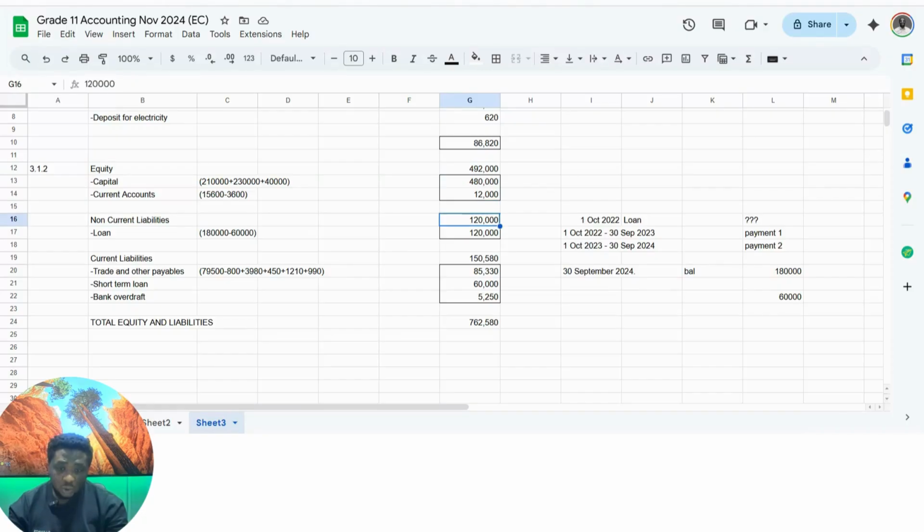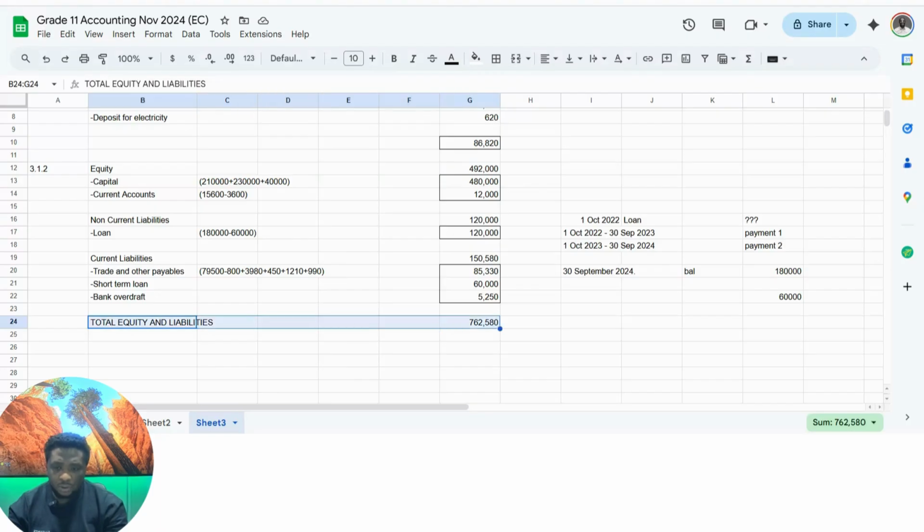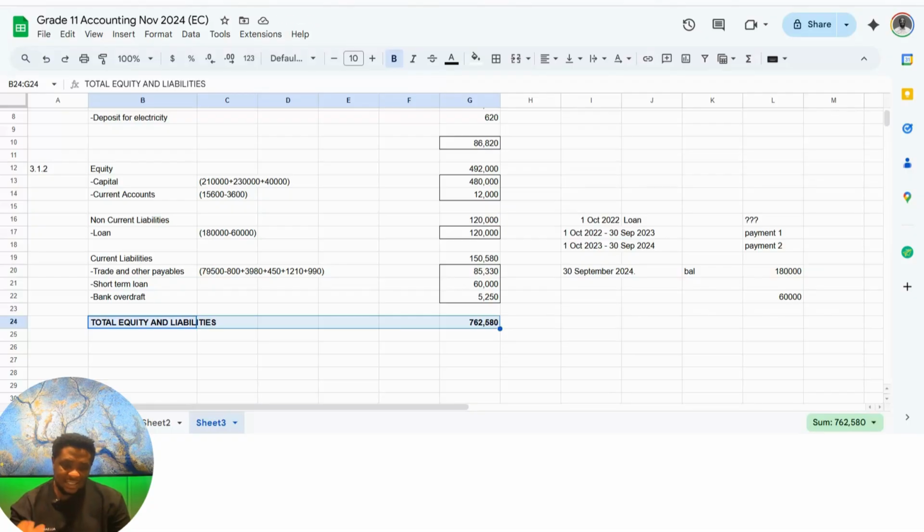And then again here, total of non-current liabilities, the fact that you put in the right total, you get a mark. And then also the total here of current liabilities gives you the total mark. And then adding everything up to make up your total equity and liabilities, that is another framework. So there are so many method marks that you can get that you don't need to know anything other than just to add certain things. So just make sure then that you take advantage of some of these marks, because it doesn't take a lot to basically figure this thing out.